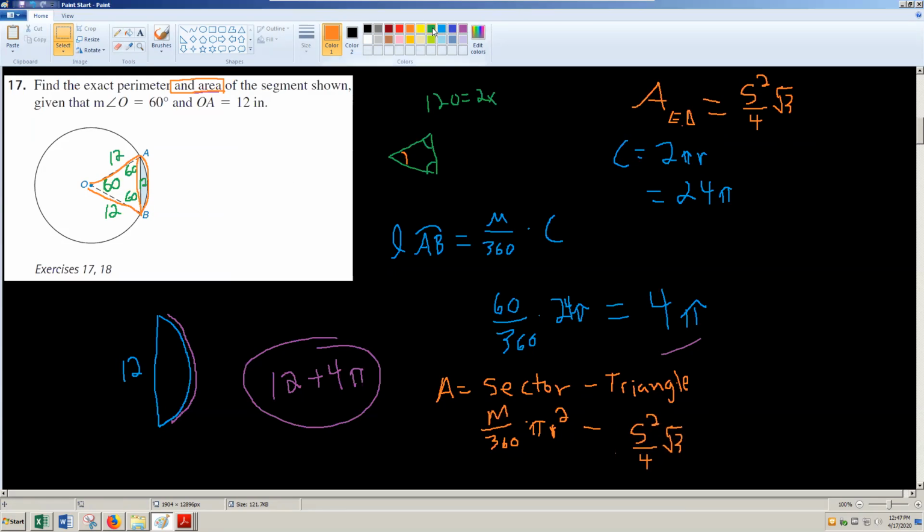And now let's actually fill in those values here. So in terms of what these things are, the area of the sector part here is going to be 1/6 of, now I'm going to say my pi r squared, so this is going to be 144 pi, because my radius here is 12. So again, I'm getting some pi values here where we got 24 pi.